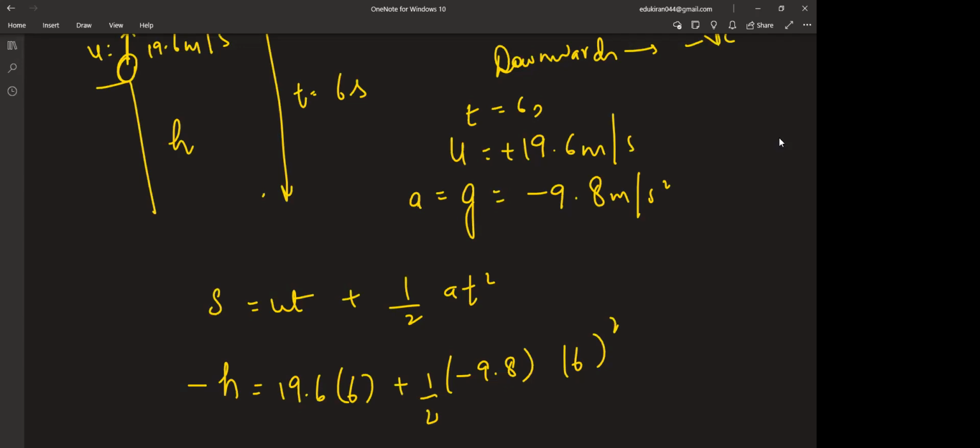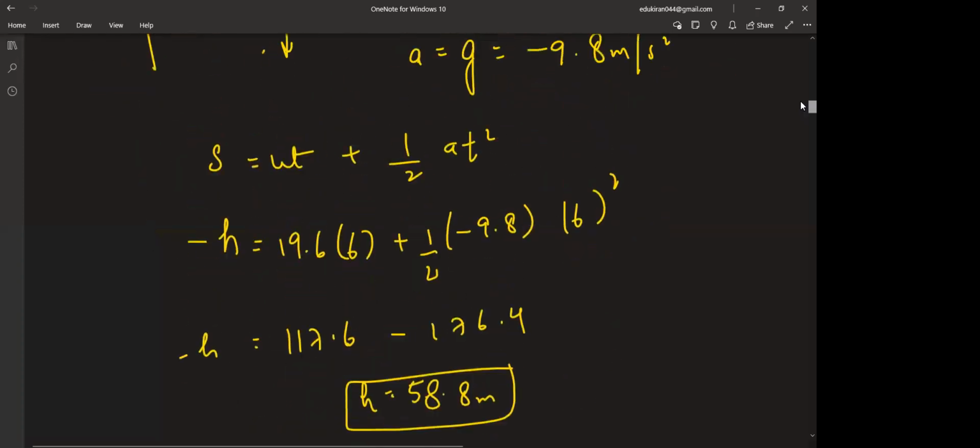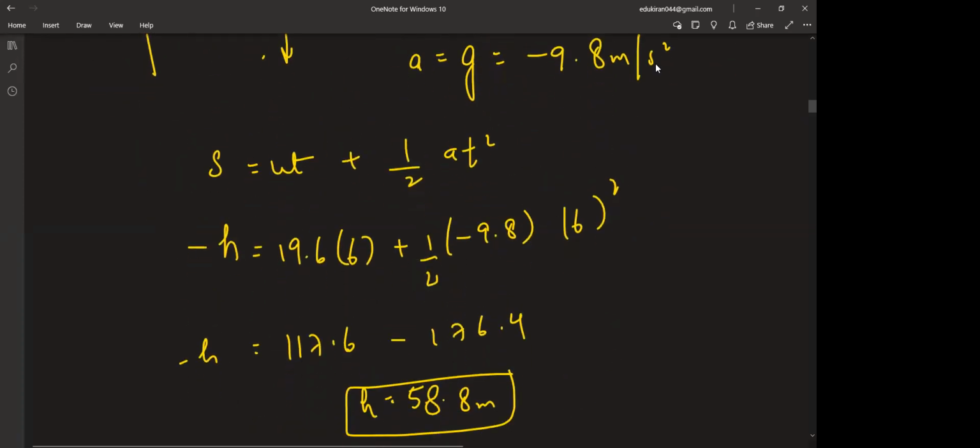Can you show the figure again? Question or the answer? This part?